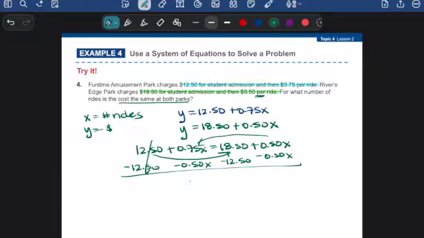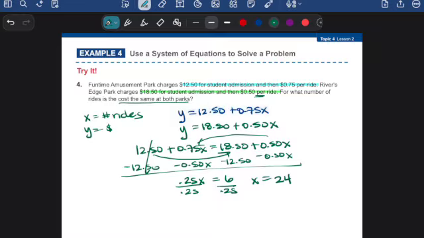That'll cancel. 0.25x equals 6. And then divide both sides by 0.25. X is going to equal 24. So at 24 rides, the cost will be the same.